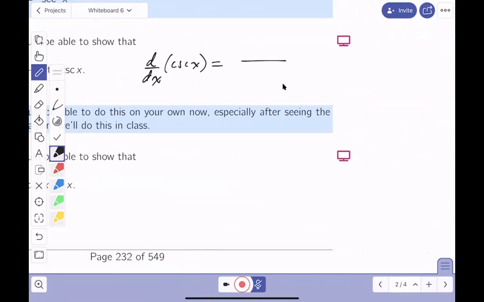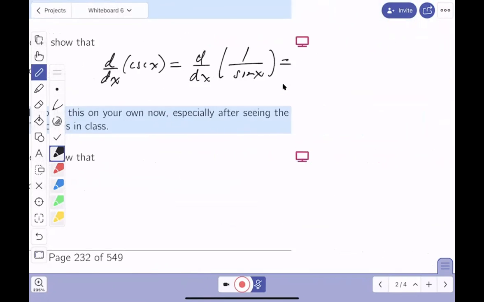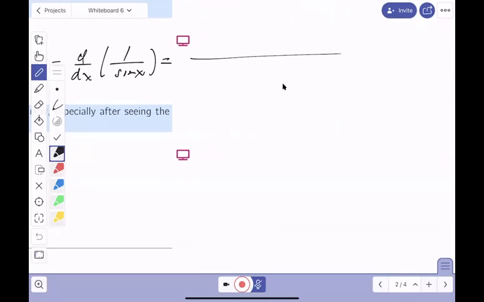d/dx of cosecant. Well, I don't know about the cosecant, but I do know it's related to sine. Let's write this down, and to do this is to understand that it's really just a quotient rule. Square the bottom, bring the bottom to the top.